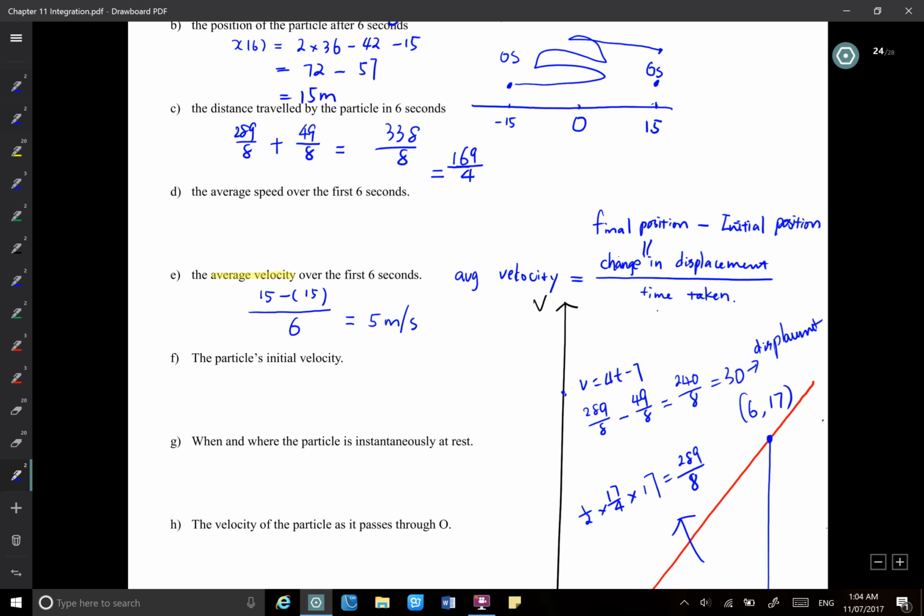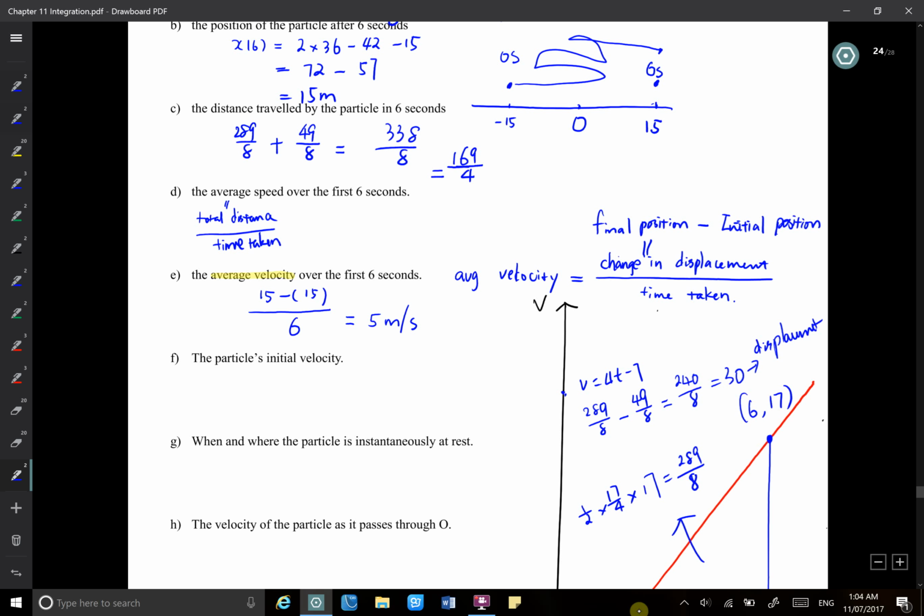Next question is asking what is the average speed. Okay, it's asking for the speed without the sign, over the first 6 seconds. That will equal the total distance over the time taken.